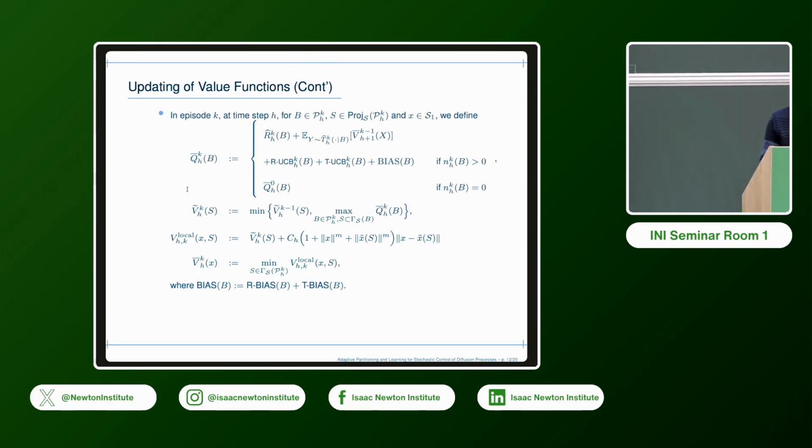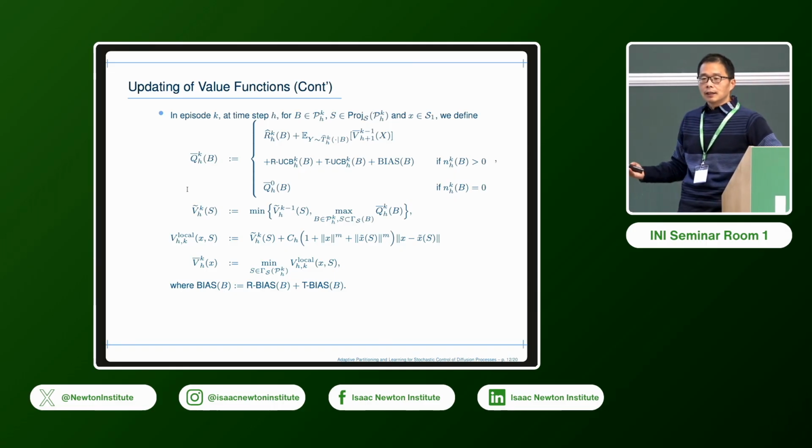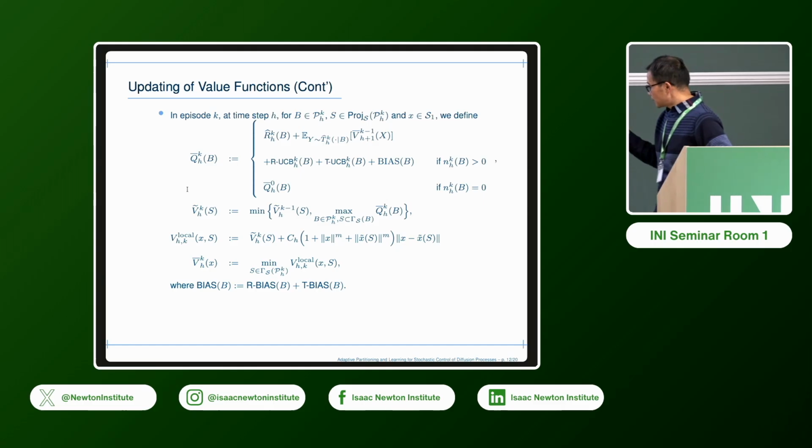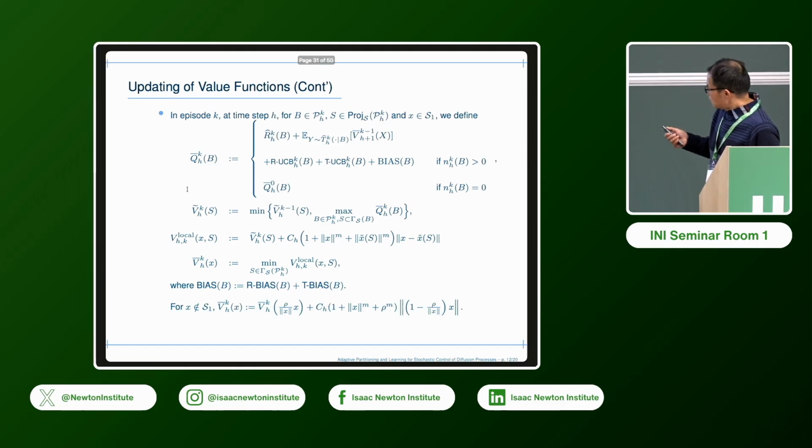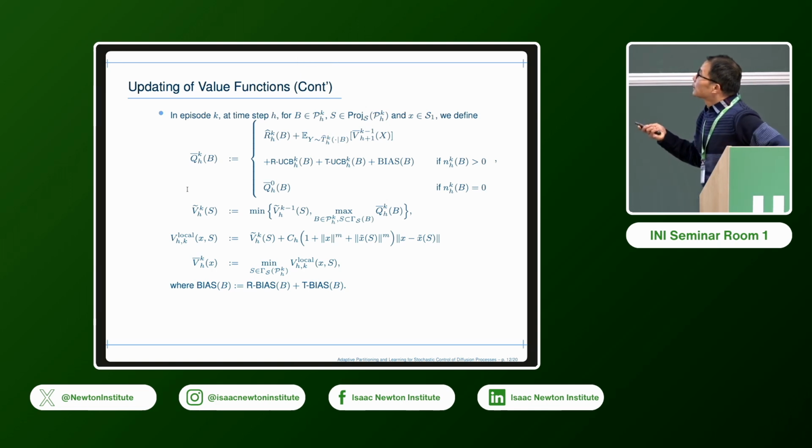Now with this estimation of those error bounds, we can construct our estimation or update of our Q function and hence the value function by this formula. So Q is estimated by its estimation R hat and its error bound R_UCB plus some term.